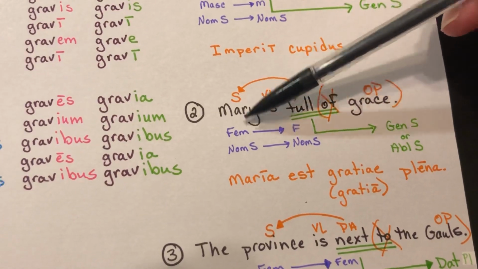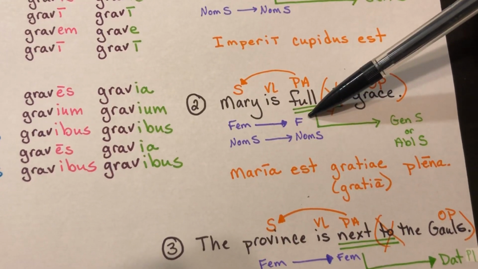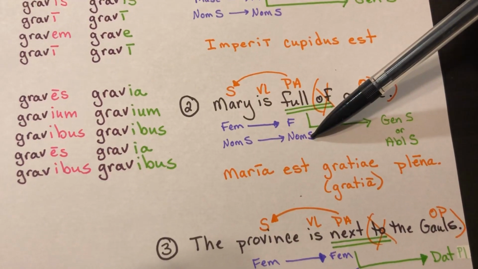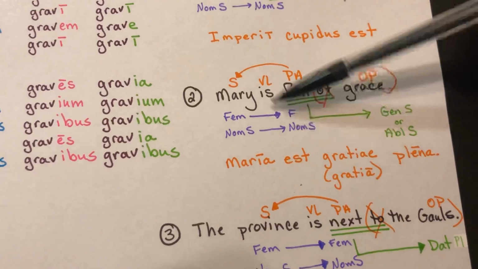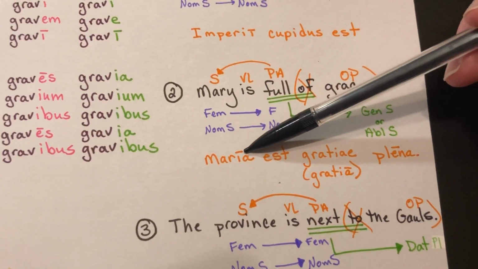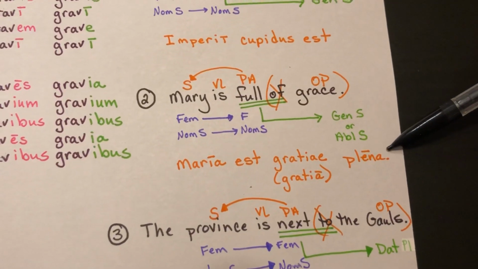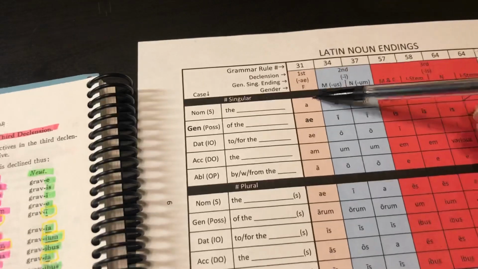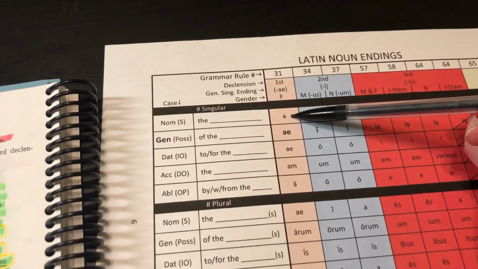Its noun is feminine, so I'm going to use the feminine ending. The noun is also in the nominative singular, so I'm going to use the nominative singular. So if you look, we have Mary, of course, that's our nominative singular. And then plena, we need the feminine nominative singular ending. Feminine goes to this column, nominative singular ending.